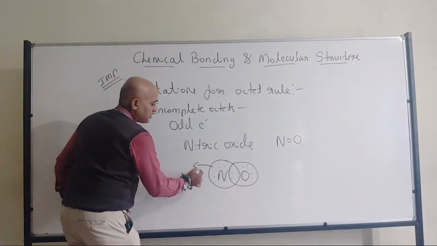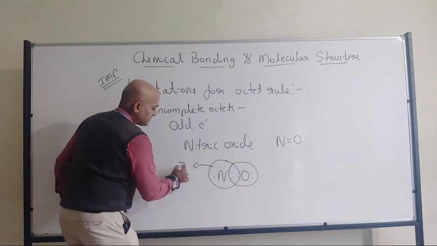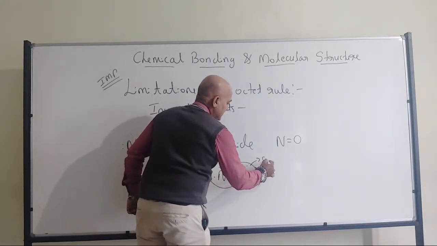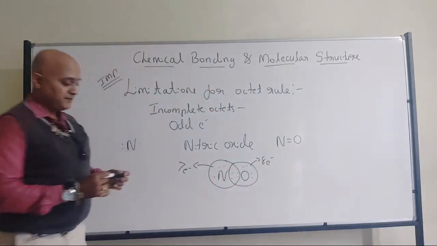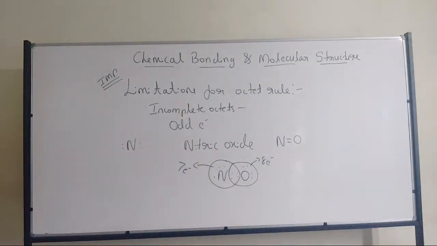So how many electrons with nitrogen? 1, 2, 3, 4, 5, 6, 7. 7 electrons. And with respect to oxygen it is 8 electrons. So that's the nitric oxide. It may be quite unstable, but the molecule still exists in nature.